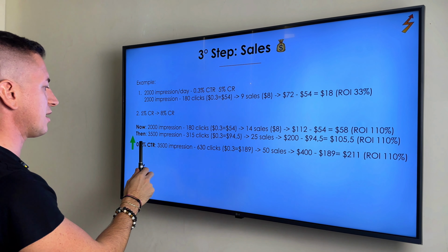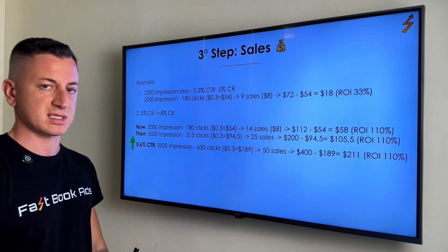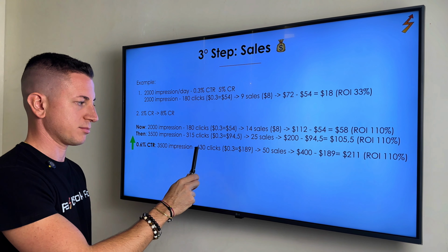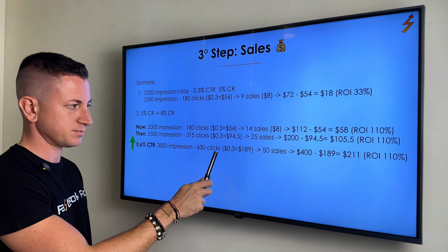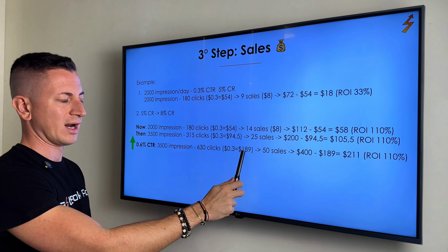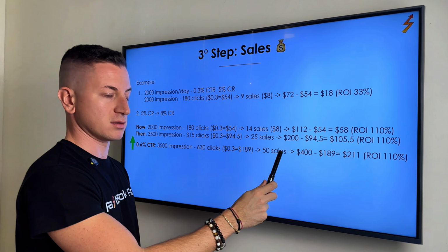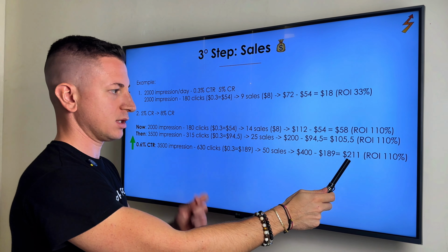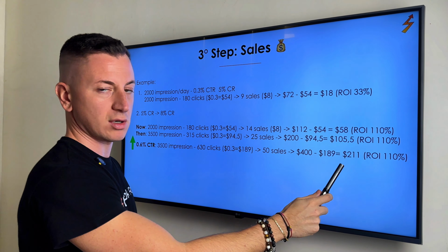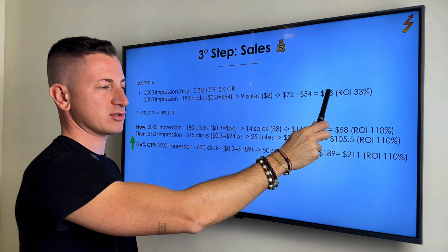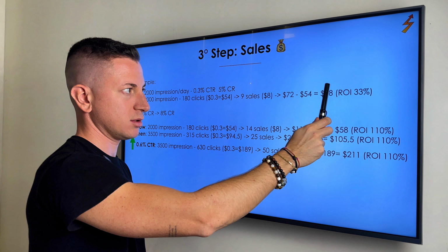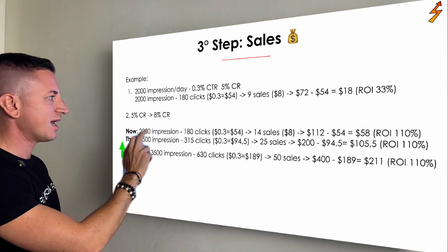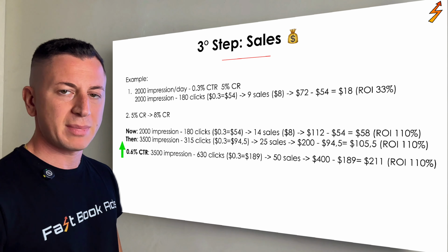So by improving the CTR from 0.3 to 0.6%, we will generate 3,500 impressions, which bring us 630 clicks with an ad spend of $189, 50 sales, which means $400, and the net profit is $211, which means 1,200% more than 18. Okay, this is crazy, guys. Only by doubling the CTR and increasing the conversion rate by 3%.